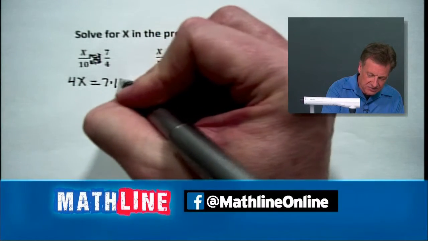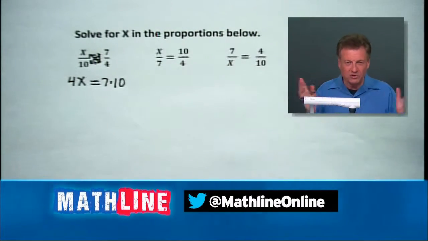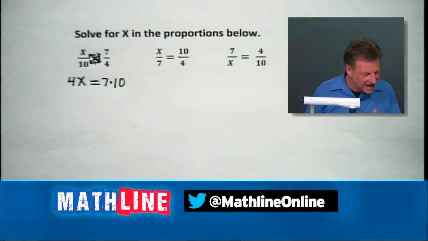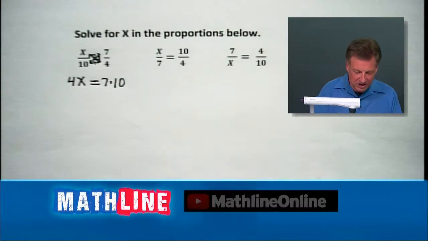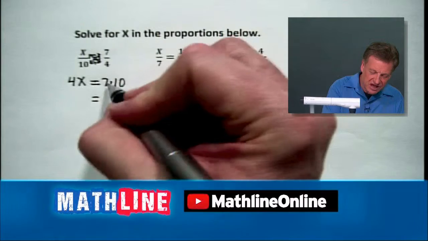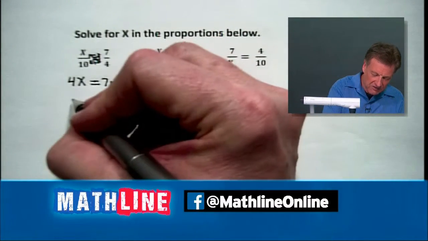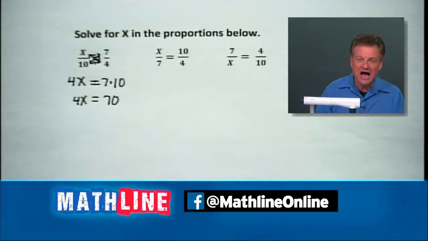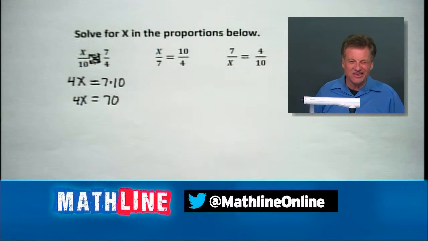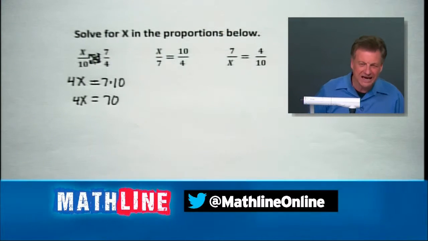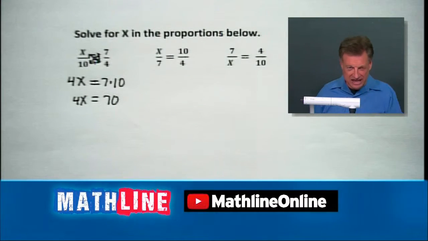7 times 10. Now, that we don't really have to go to the calculator for, do we? That's always kind of nice. We can do something in our head. It's going to give us 70, and we have 4x over here. Now, I know some of you are saying, Ernie, I think I can divide that out in my head. I don't know if I want to, so let's go to the calculator on this one.